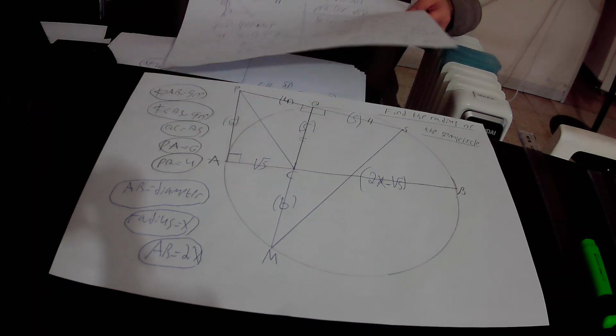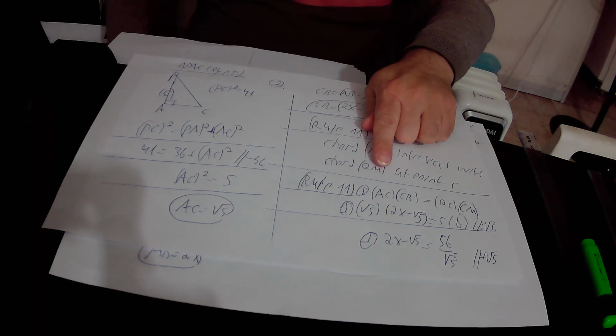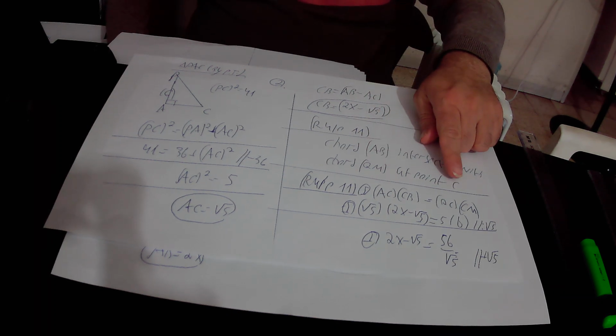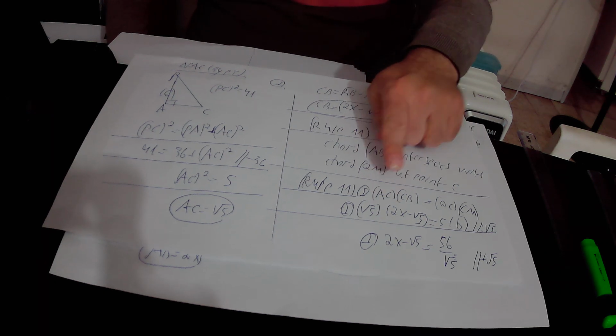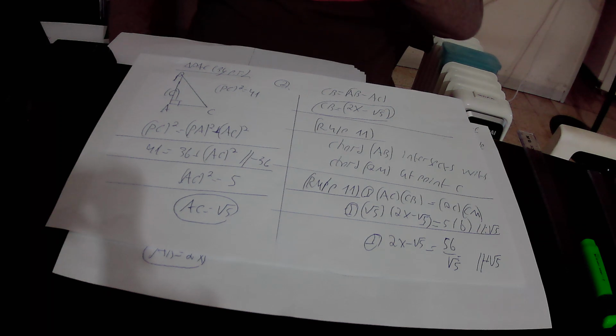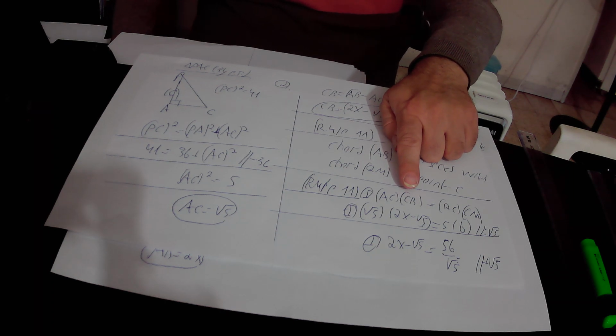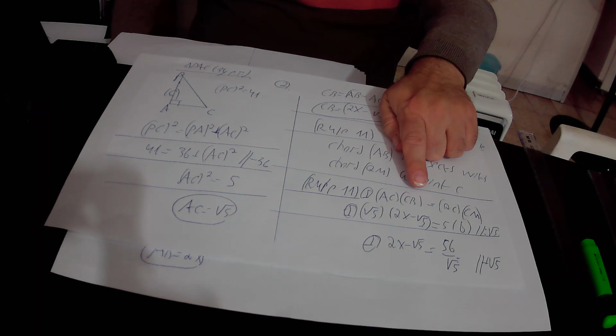So it was found out that according to rule number 11, square root of 5 times 2x minus square root of 5 equals 5b. This is equation number 1. Here we divided equation number 1 by square root of 5, and found that 2x minus square root of 5 equals 5b over square root of 5.